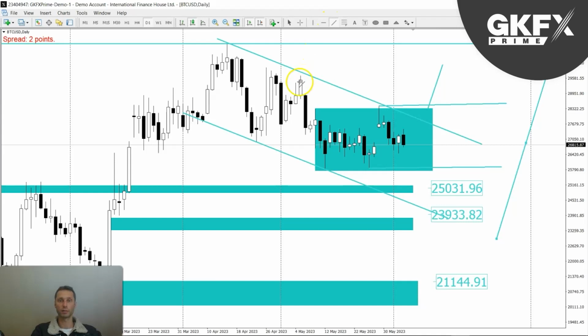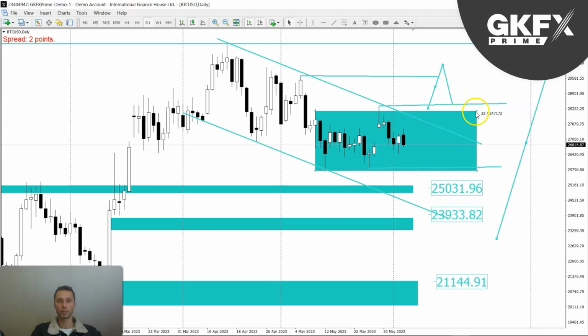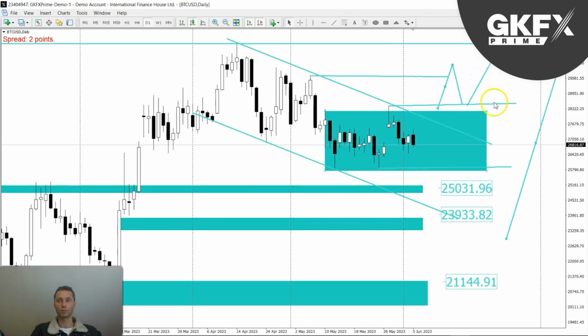I want to break up this high too, and then come down to the high end of this range, and then continue higher. So that is the second option.